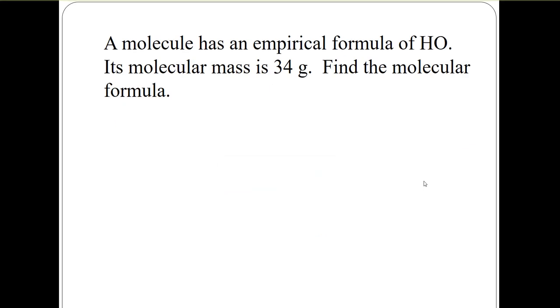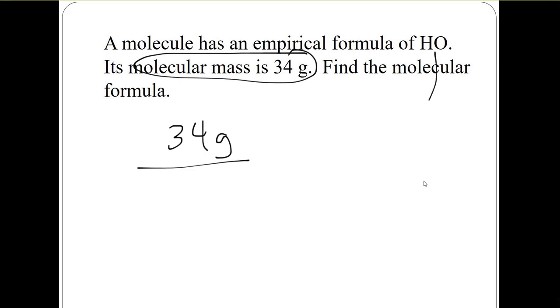A molecule has the empirical formula of HO. Its molecular mass is 34 grams. Find the molecular formula. So I know that this is my molecular mass. That's going to be my large number. And I'm going to divide it by the empirical formula mass. So that is 1 plus 16. That is 17. And so I get 2.